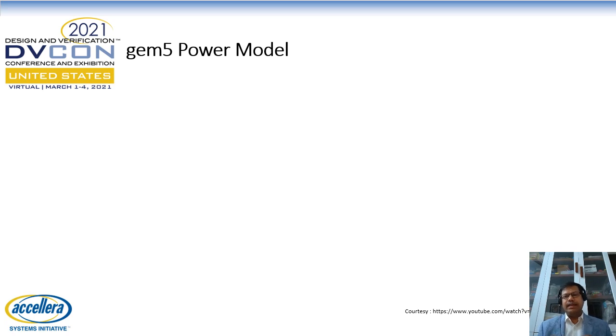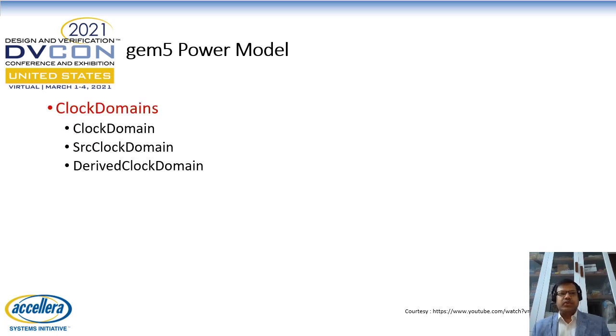Let's delve a little deeper into the power model to get an overview of the different power models or power types that it supports. In order to do the modeling, we can divide the system into different clock domains. So we have the clock domain and then hierarchical clock domains, like a source clock domain, destination clock domain, or derived clock domain.